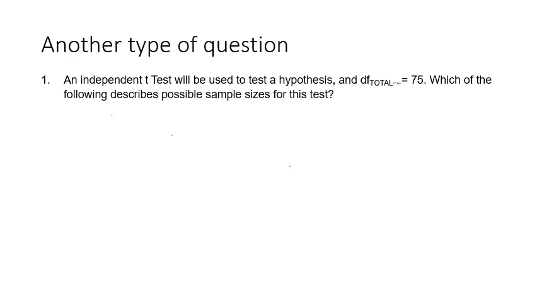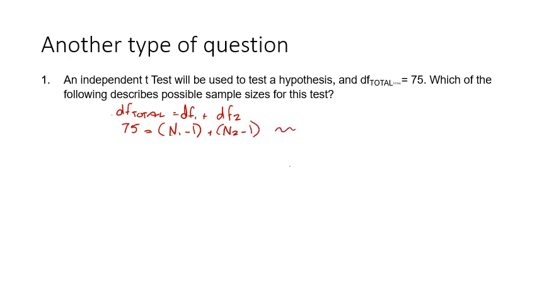We're going to use df total equals df1 plus df2. Substituting in, df total we know is 75 equals n1 minus 1 plus n2 minus 1.